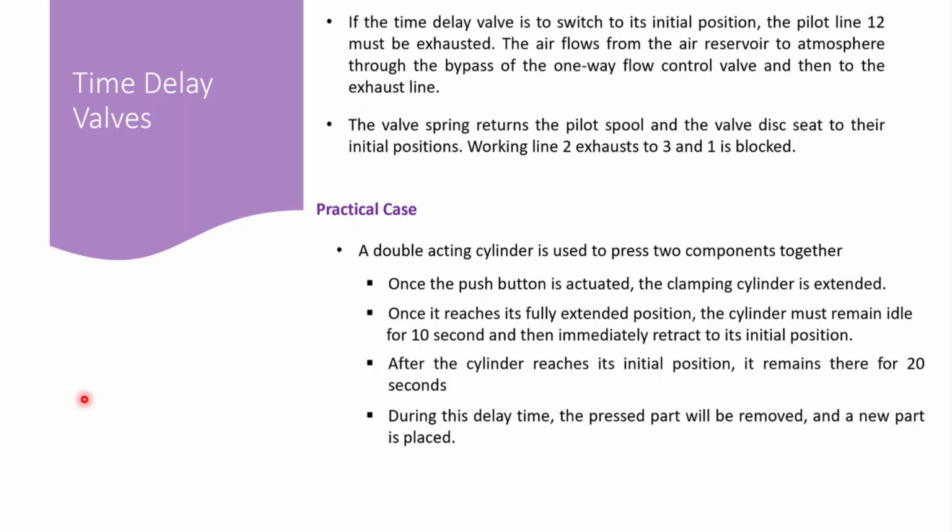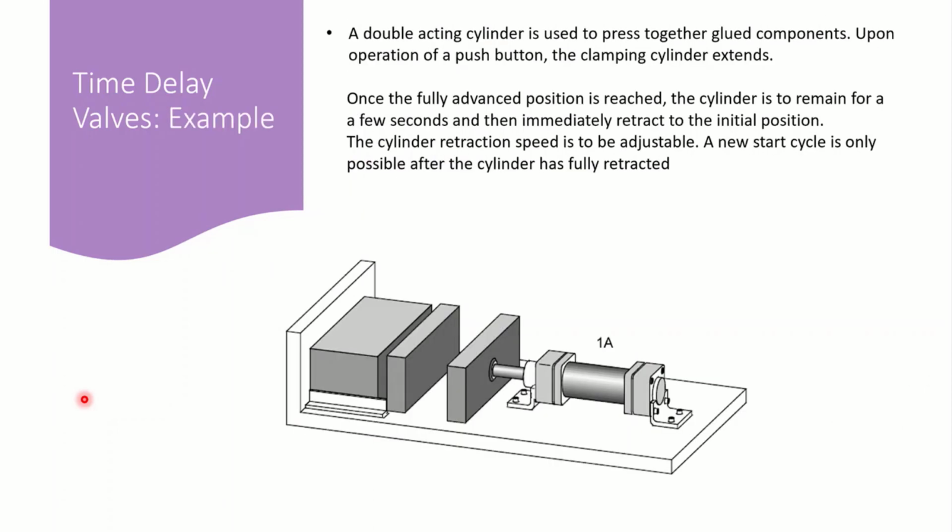Now let's look at the example that I plan to solve inside FluidSIM, and I want to design the circuit inside FluidSIM. So what we have here, we have a double acting cylinder, and it is used to press together glued components. Upon operation of a push button, the clamping cylinder extends.